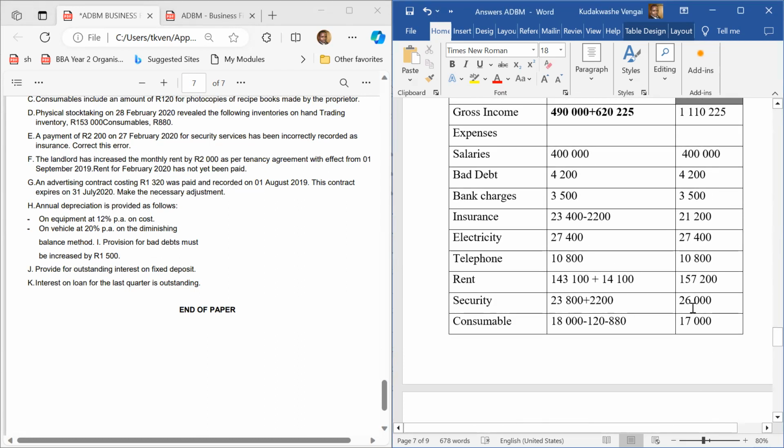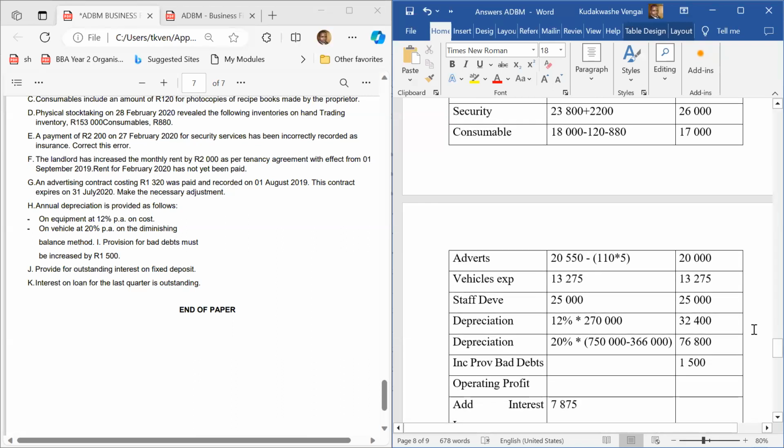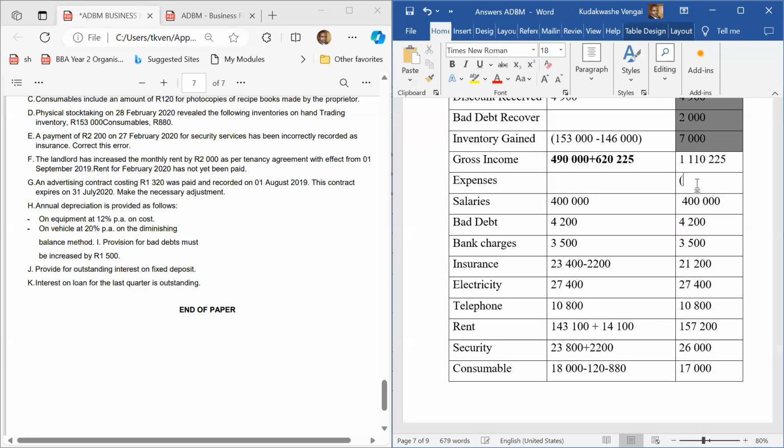So let's add all of our expenses together. 400,000 plus 4,200 plus 3,500 plus 21,200 plus 27,400 plus 10,800 plus 157,200 plus 26,000 plus 17,000 plus 20,000 plus 13,275 plus 25,000 plus 32,400 plus 76,800 plus 1,500, and that gives us a total expenses figure of 836,275. That is our expenses figure there, right?